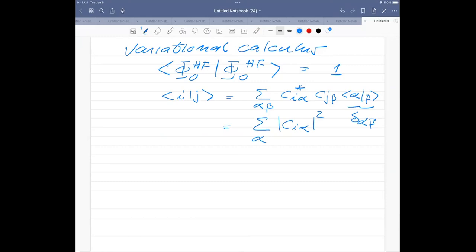But I'm going to keep the C_i alphas with a complex conjugation as well in the equations. Then, if I do my Slater determinant, the Slater determinant will contain a sum over the particles. So it's pretty easy to see that the normalization condition here, Hartree-Fock, becomes simply a summation over the number of particles, i equal 1 up to n.